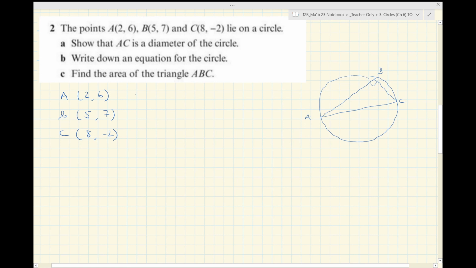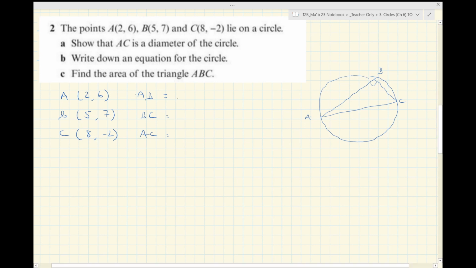So I'm going to find the length AB, the length BC, and the length AC, and see if those lengths satisfy Pythagoras' theorem. If they do, then it's a right-angled triangle, and if it's a right-angled triangle, then AC is a diameter.